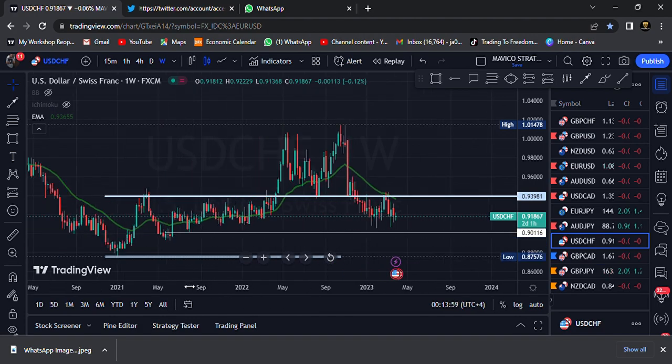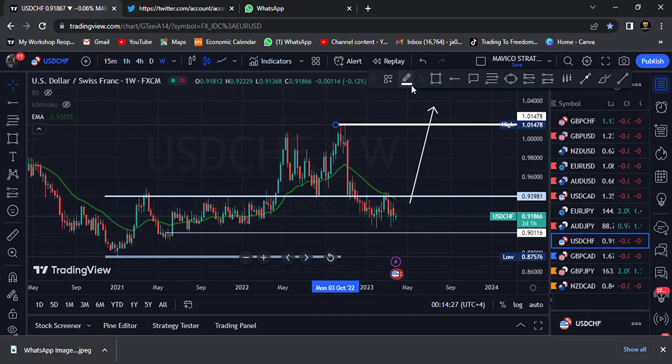So USD CHF actually had a very good structure formed here, but it kind of keeps on playing games, because with this structure, it either breaks this level and goes up and breaks here, because if it goes up here, it's gonna break here.